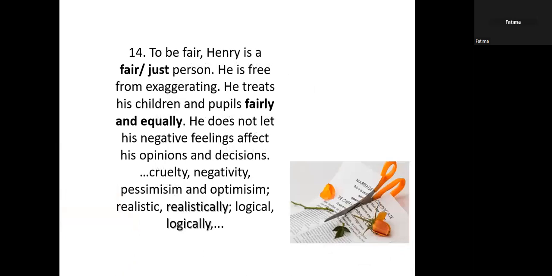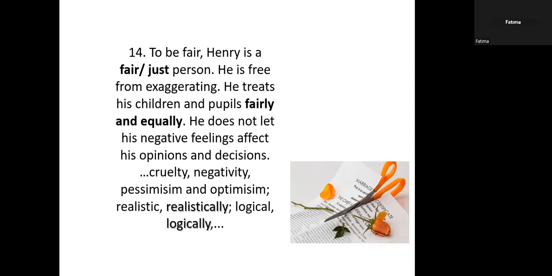Okay. Now 14. To be fair, again, a similar paragraph to show the adverbs, especially the adverbs of manner. To be fair, to be honest, Henry is a fair person, a just person, an objective person.